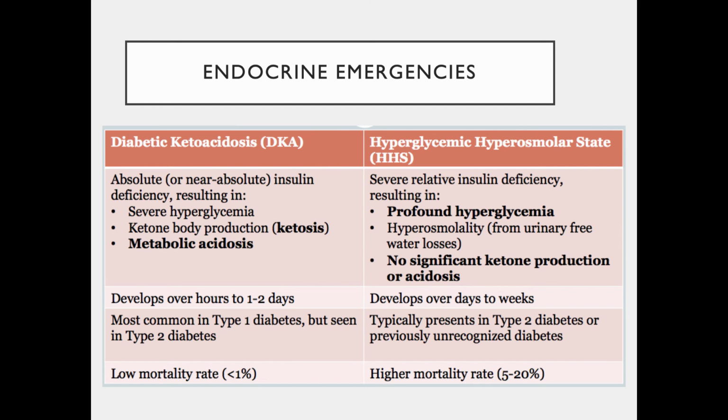With HHS, we tend to see really significant hyperglycemia, which happens because there is a little bit of insulin that's produced. And the effect that has is that it allows the body to keep functioning because there is some sugar getting into cells, albeit not enough. And so although the body continues to function with that little bit of sugar getting into the cells, that allows the blood sugar to continue to climb.